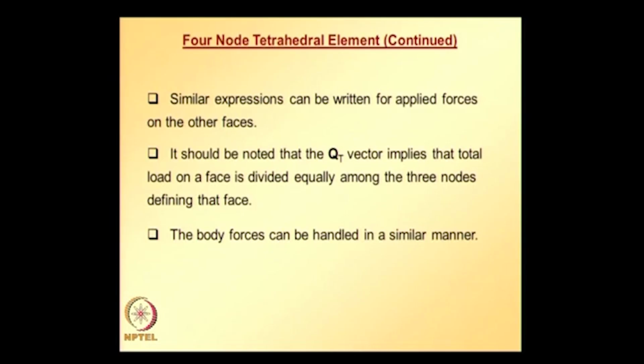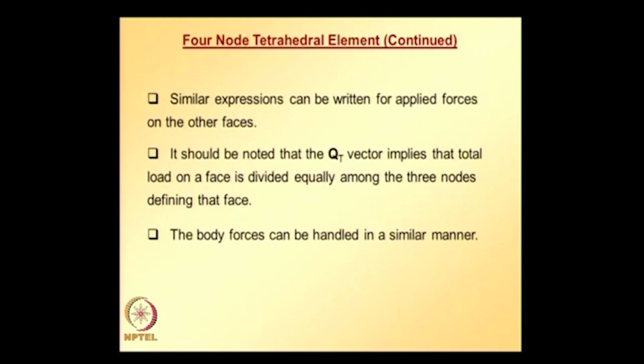So, we can easily assemble element stiffness matrix and equivalent nodal load vector given a discretization, and once we evaluate these quantities, that is element stiffness matrix and equivalent nodal load vector for each of the elements, we need to assemble global stiffness matrix and global force vector following a similar procedure that we followed for 2-dimensional problems, based on the element connectivity.